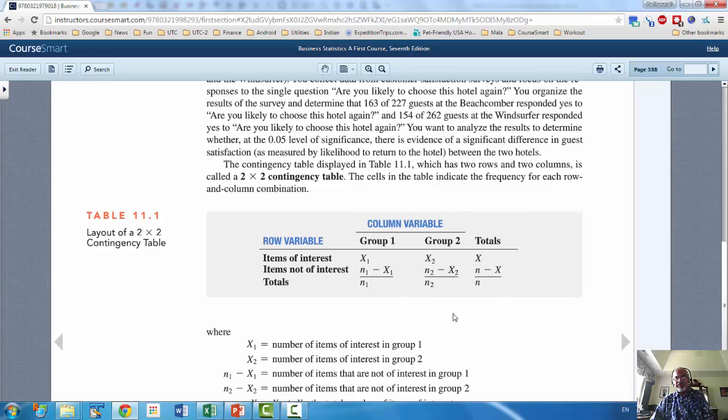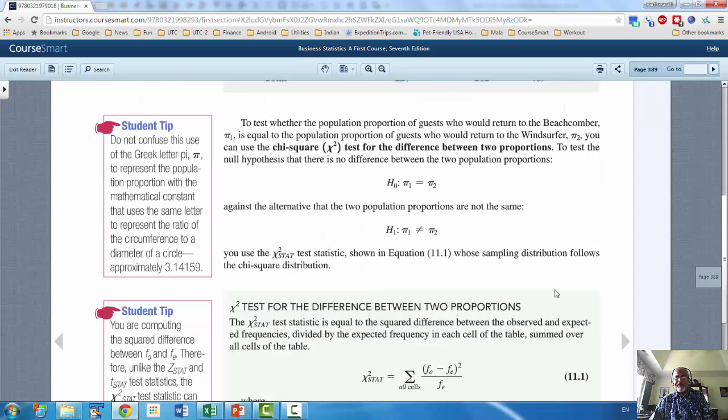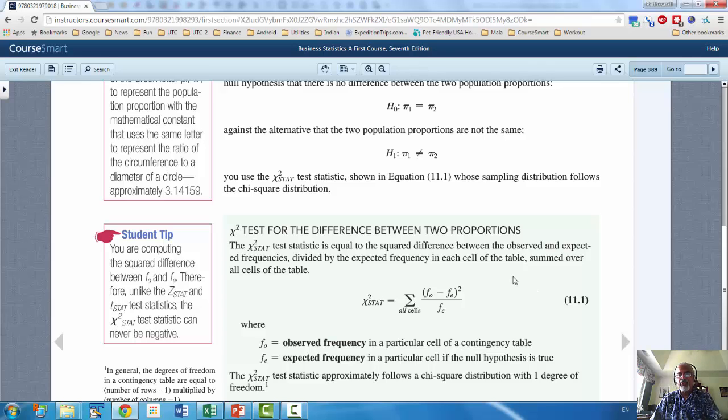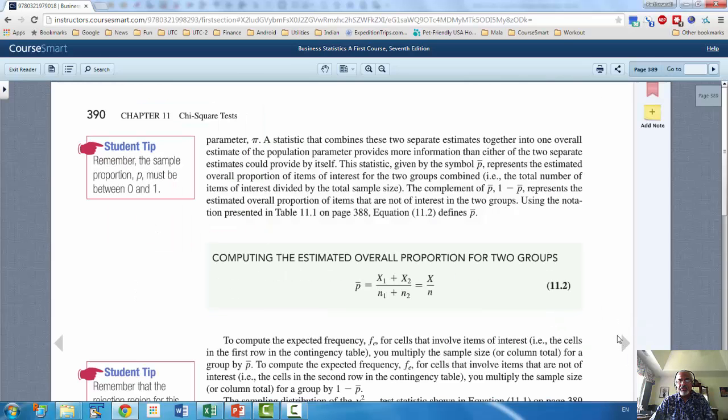When you have a situation in this fashion, we can compute the overall proportion of success as x over n, the overall p bar, and n minus x over n will be the overall proportion of non-success, which is 1 minus p bar. Then from those overall values, we compute the f sub e, the expected frequencies.